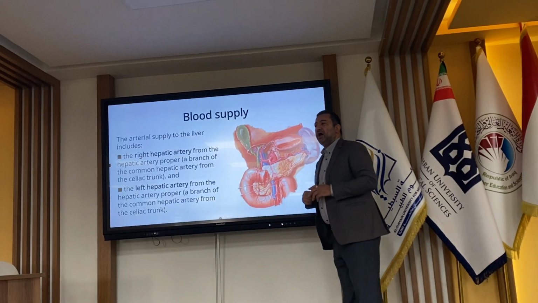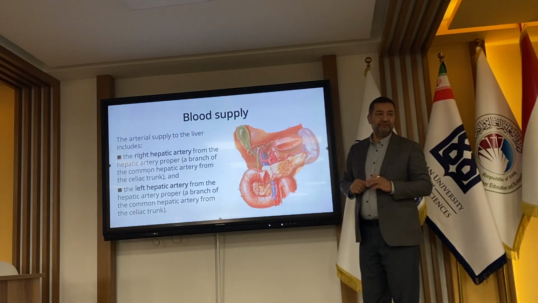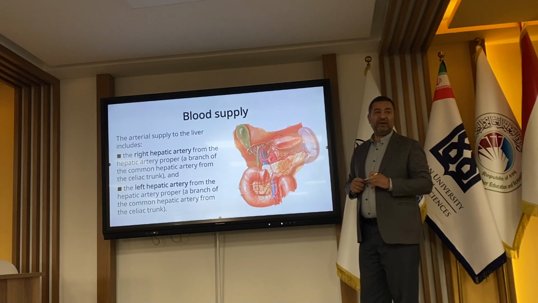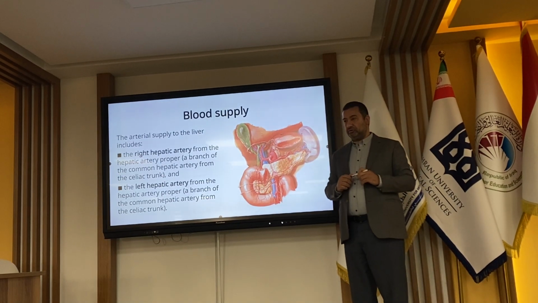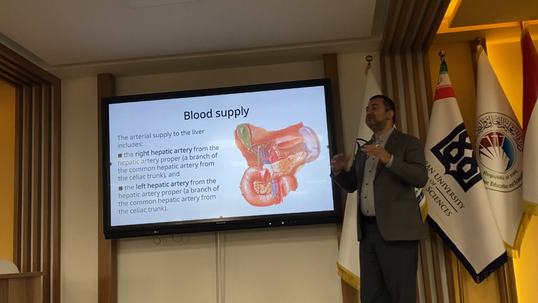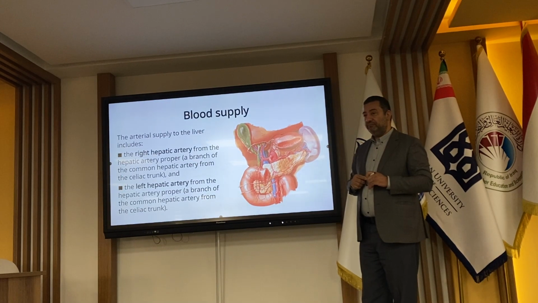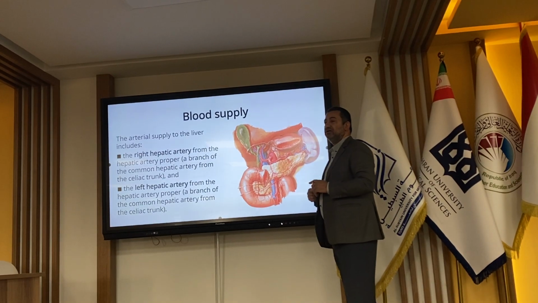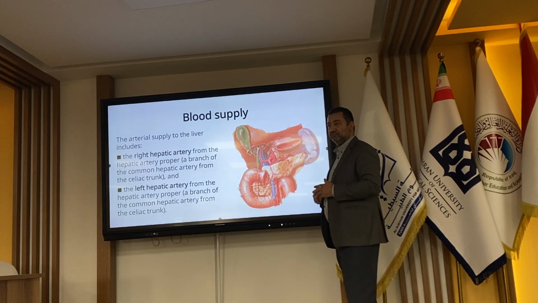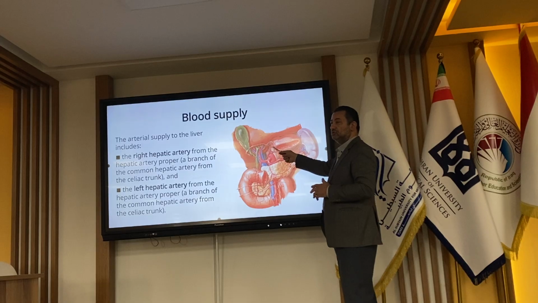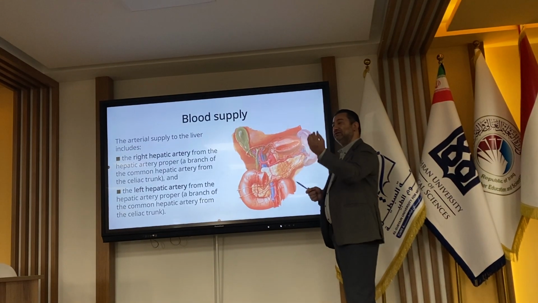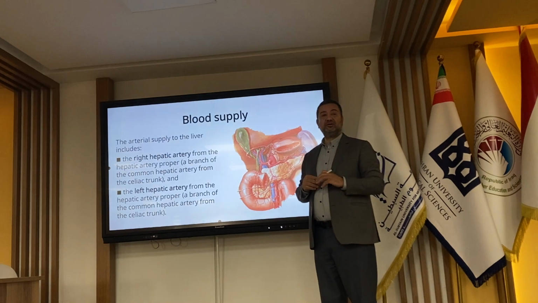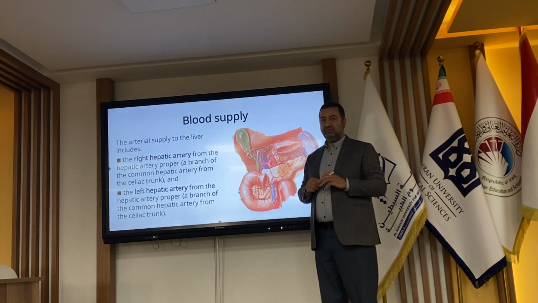If you remember, I told you celiac trunk emerges at the level of T12 from anterior surface of the abdominal aorta and divides into three branches. Left gastric is the smallest, ascends supralaterally and enters into the lesser omentum, left side.